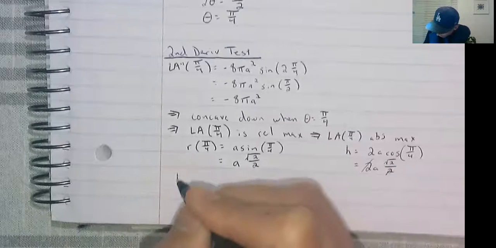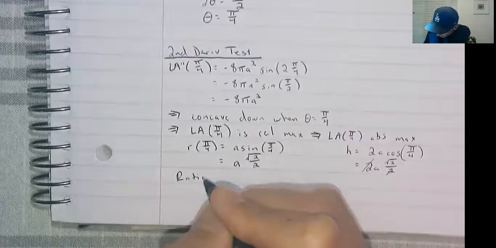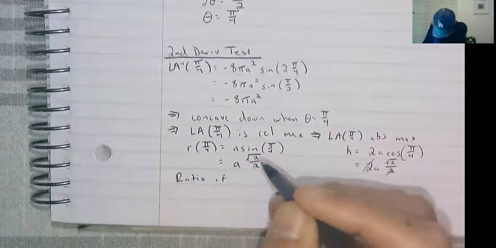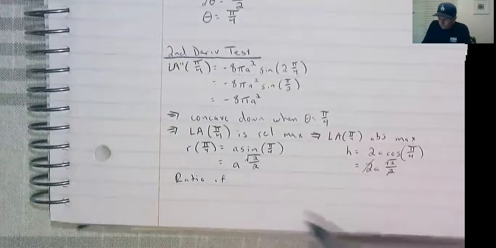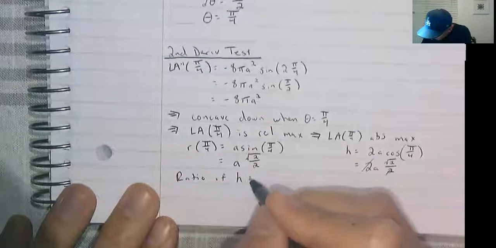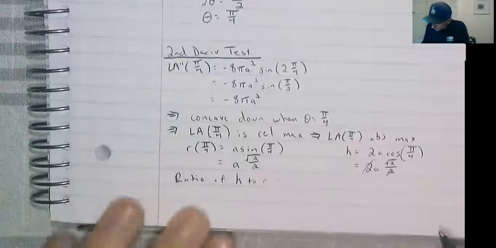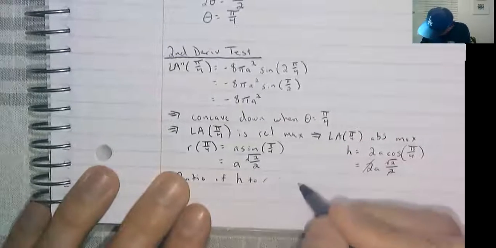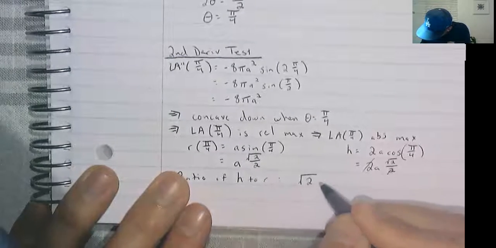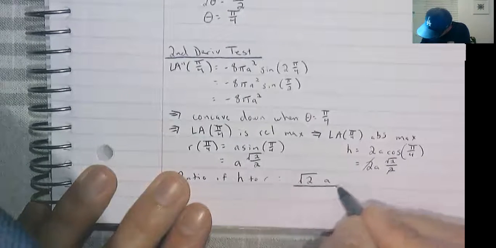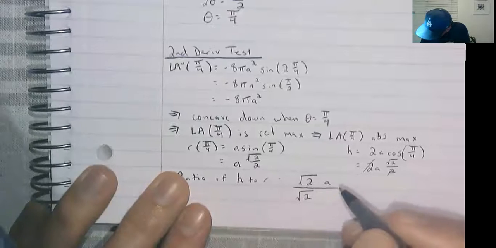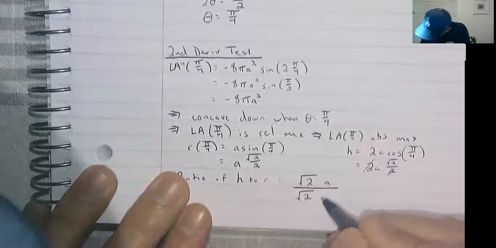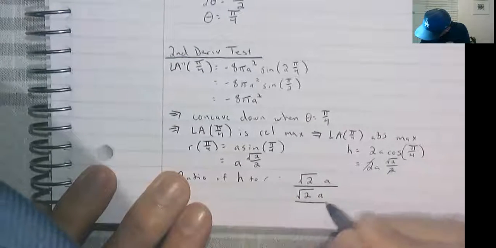So then the ratio of the height to the radius, I think is what they wanted, is going to be square root of 2 times a over square root of 2 times a divided by 2.